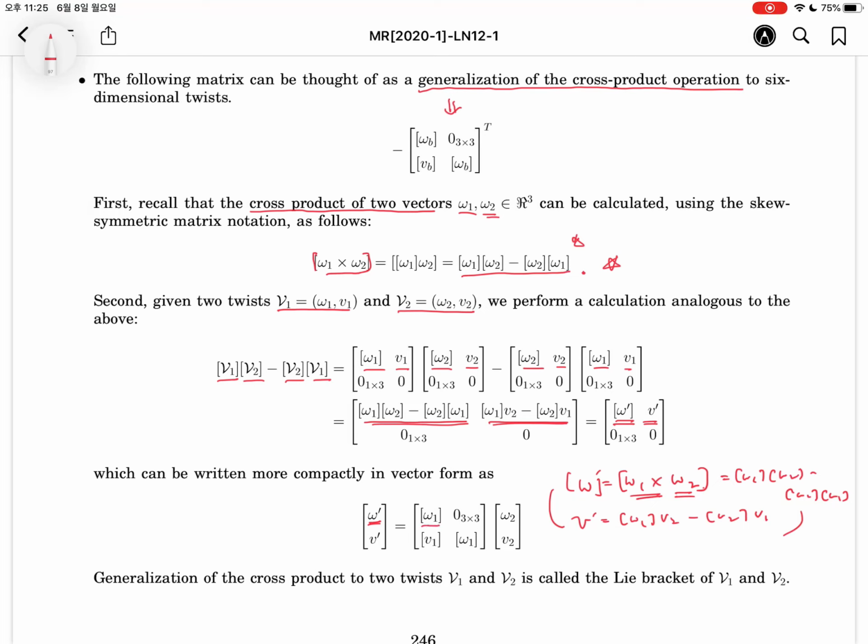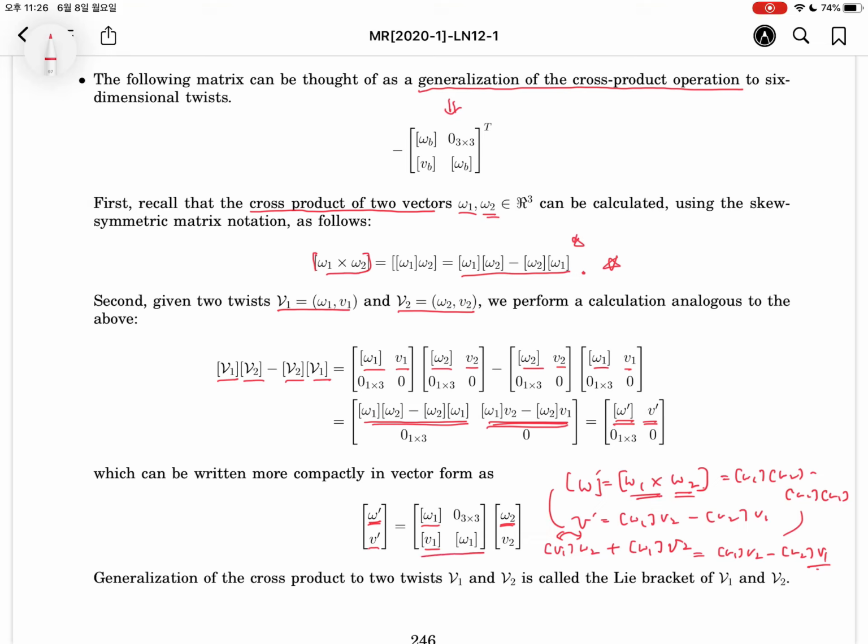So W1 matrix form and W2, and V prime is equal to V1 matrix form and W2. Okay, let me write down the V1 W2 plus W1 V2. If we exchange these two notation, then we need a minus sign. So W1 V2 minus W2 V1. Okay, so we have this equation.